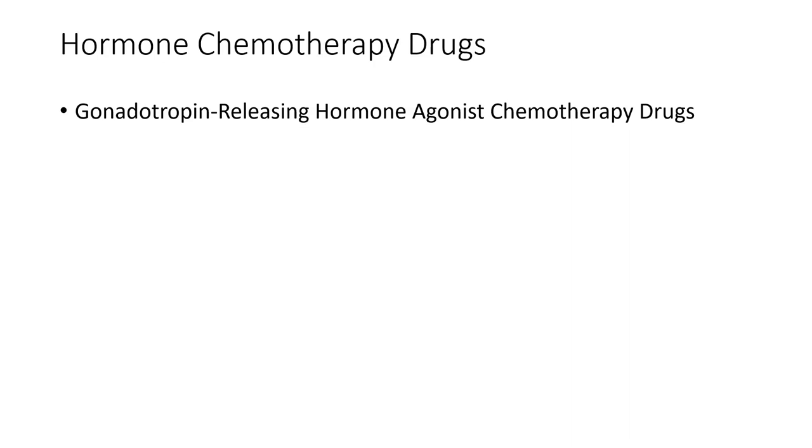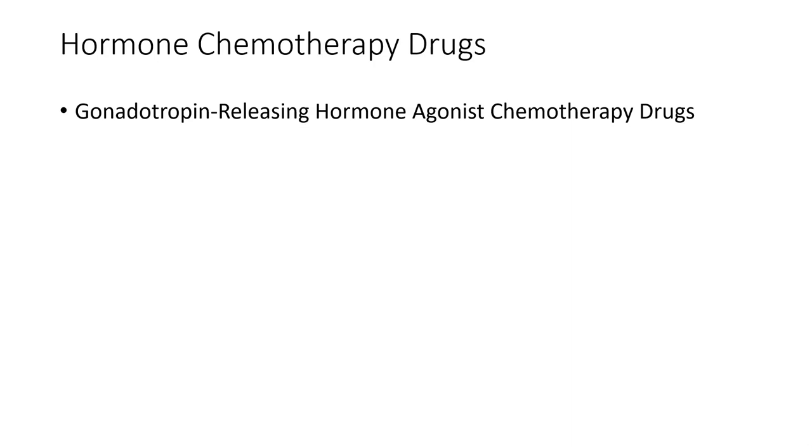So if we have enough of the gonadotropin releasing hormone, your body perceives that you have enough, it's not going to produce more, which could then trigger a cascade of hormones being produced. So we're going to kind of trick our bodies with this.